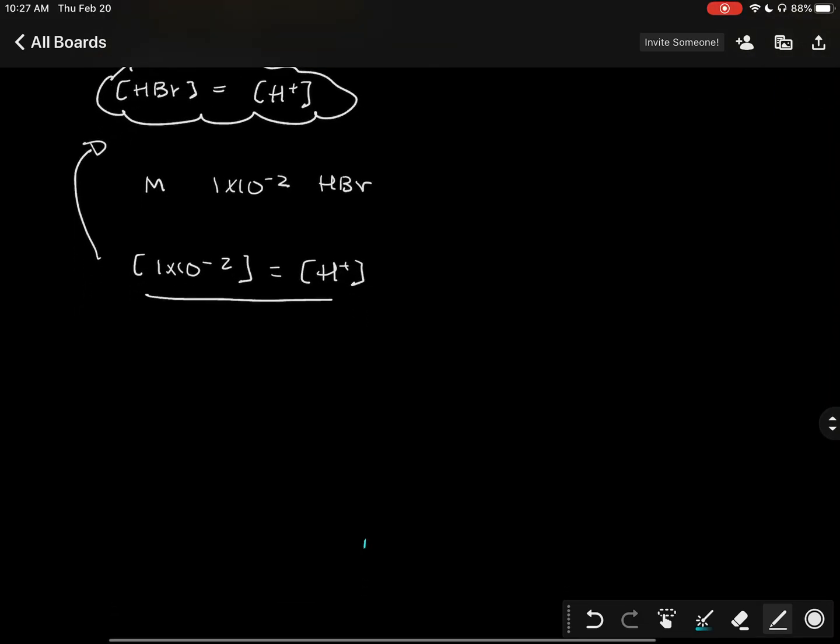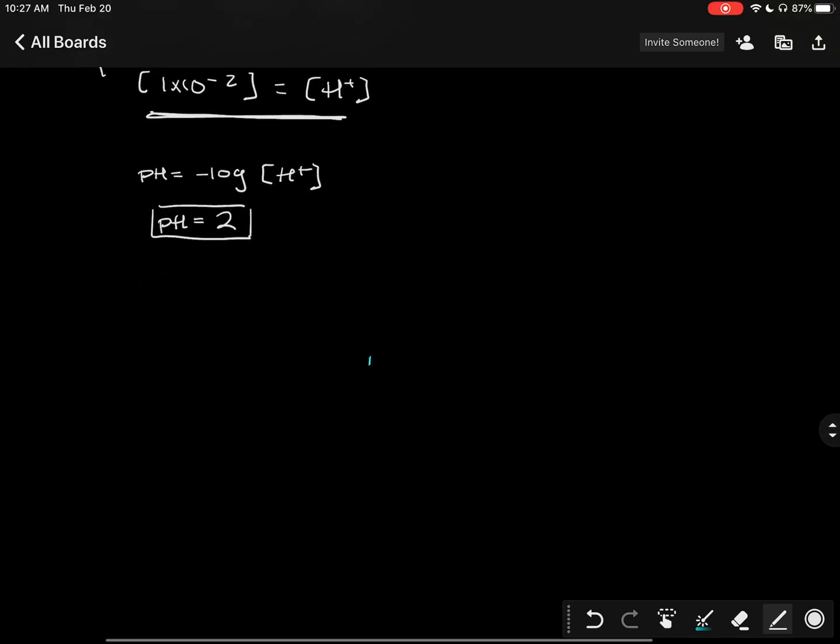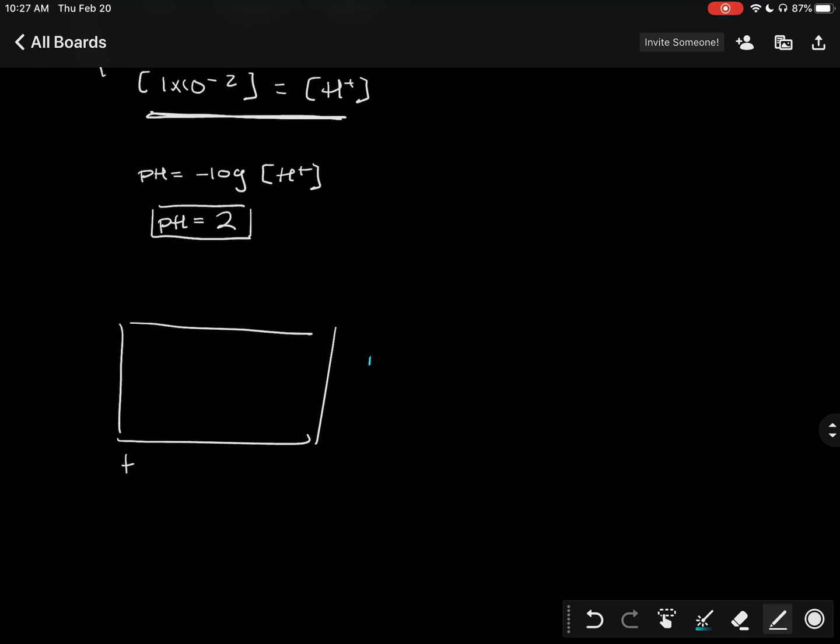So if I know that my H+ concentration equals 1 times 10 to the negative 2, I'm able to find the pH by setting it equal to the negative log of H+, and I will get that the pH equals 2.